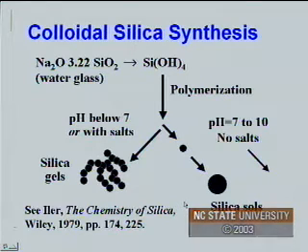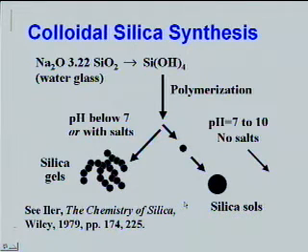This slide shows how the colloidal silica is synthesized. The first material is sodium silicate, or we can call it water glass. The first step is to decrease the pH value. If we decrease the pH value below the neutral point, we can get the silicate gel.